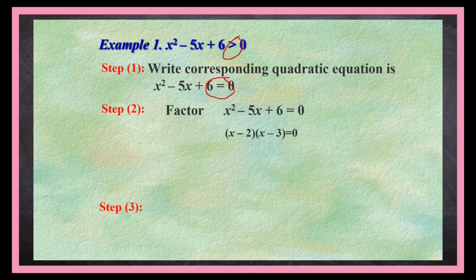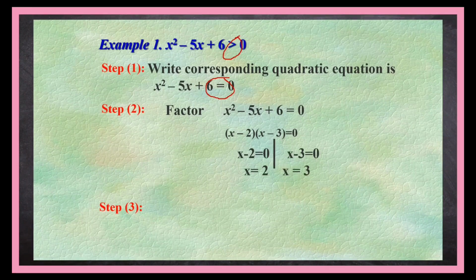We have x squared minus 5x plus 6 equals 0. Then let us solve this by factoring. We have parenthesis x minus 2, then parenthesis x minus 3 equals 0. Then after that, using the zero product property, we will separate the two.